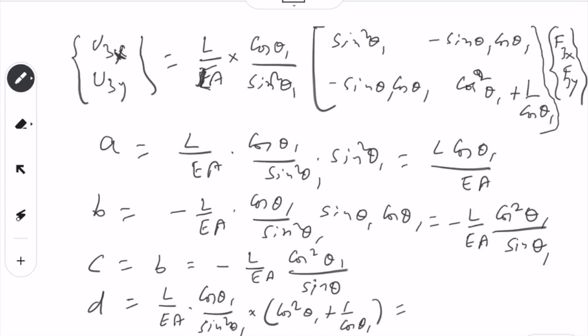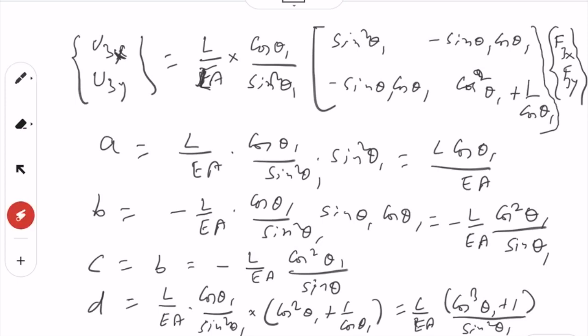The simplification will not be much. So we can write L over Ea and then cos cube theta 1 plus 1, divided by sin square theta 1. So this is what D will be. So you can find A, B, C, D like this.